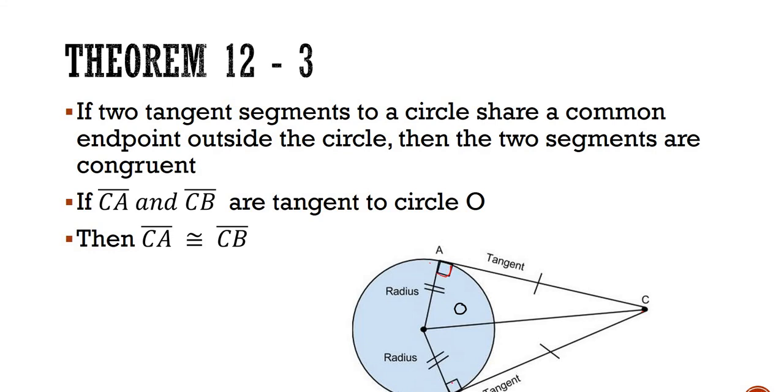And you can see in the diagram that we have our right angles because of our tangent lines and our radiuses. Radiuses always equal each other. And we now know that these tangent segments are also congruent.